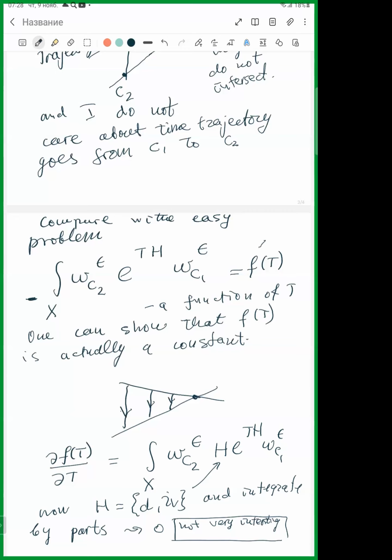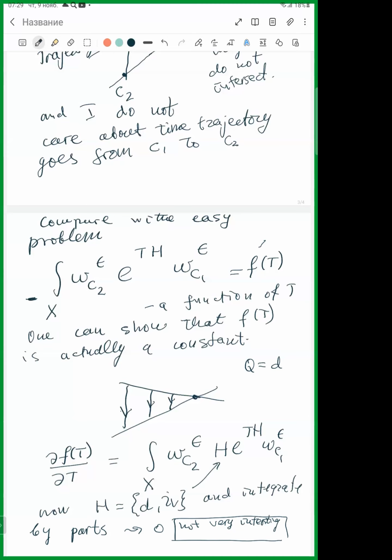Two questions. Yes. So one is, Q does not have to always be D, right? It can also be different. Or is it just different notation? We can say either Q or D. So here in this example, Q was D. And the second question is, we showed this f of t is actually a constant, but it depends on this C1 and C2.